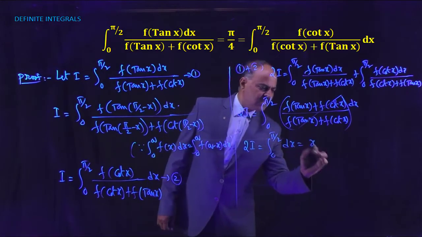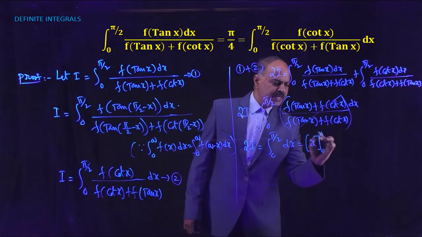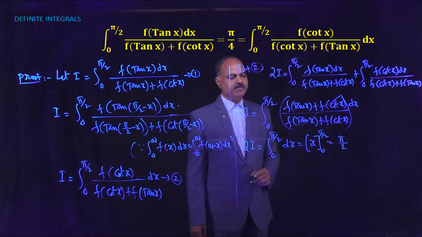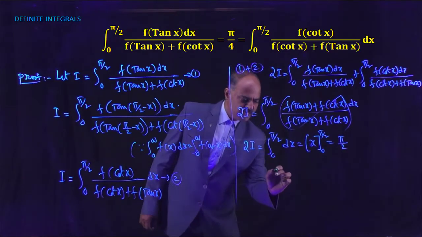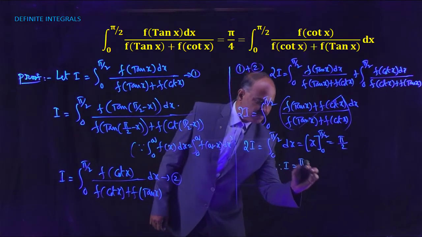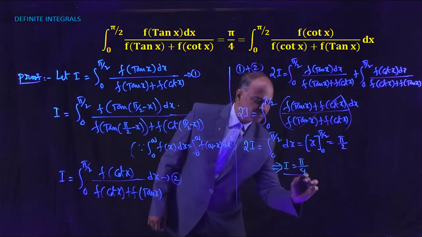We know that integral dx equals x, with limits 0 to pi by 2. So that is equal to pi by 2 minus 0, that is pi by 2. So therefore 2I equals pi by 2, I is equal to pi by 4. This implies I equals pi by 4.